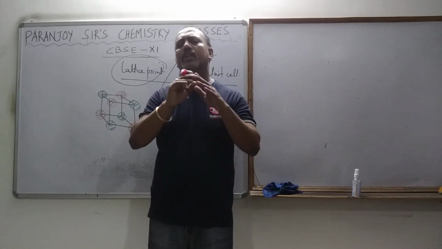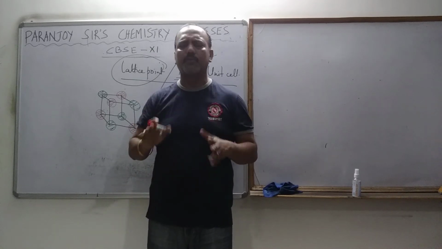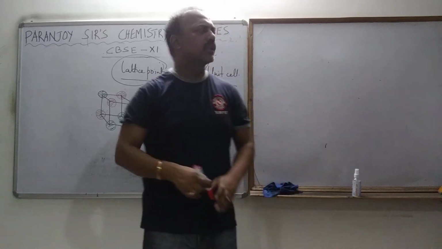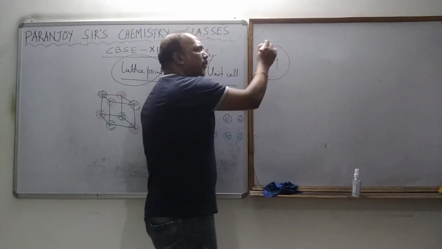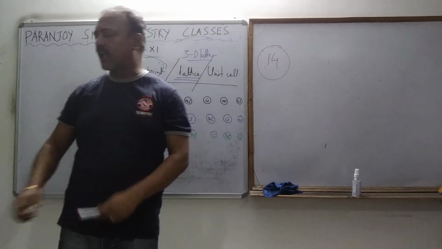You can see the list that's there in your note, in your book, no issues. But you don't have to remember them at all. What you have to know is that there are 14 unit cells by which we can explain all crystalline solids.